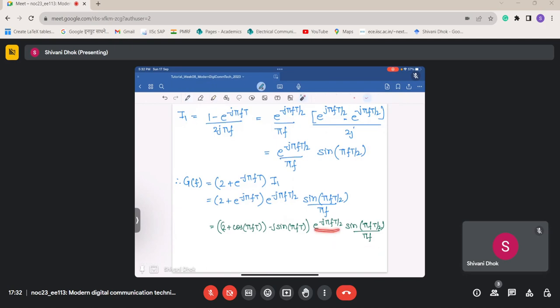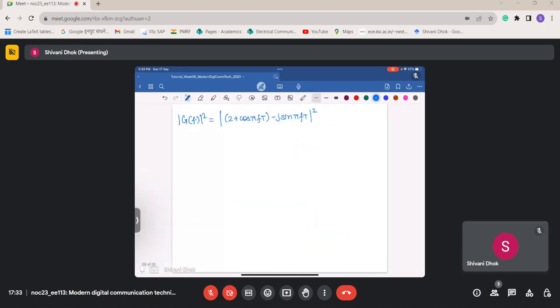The magnitude square of the exponential is simply 1, and the magnitude square of this quantity will be the square of sine pi f T by 2 on pi f.